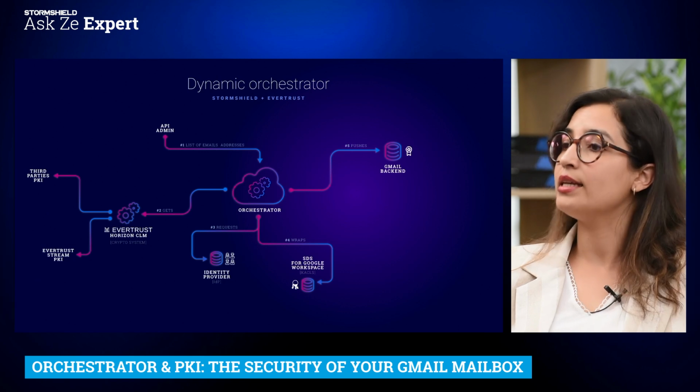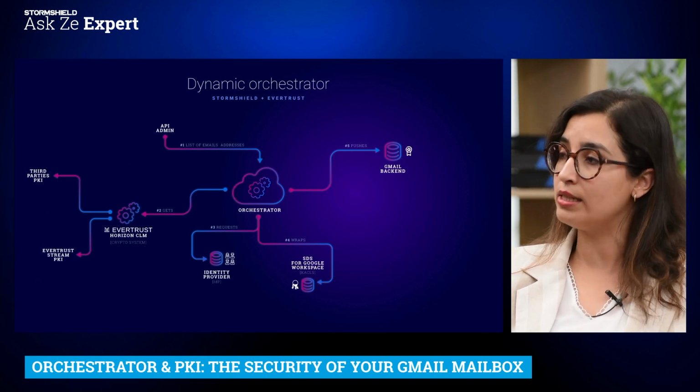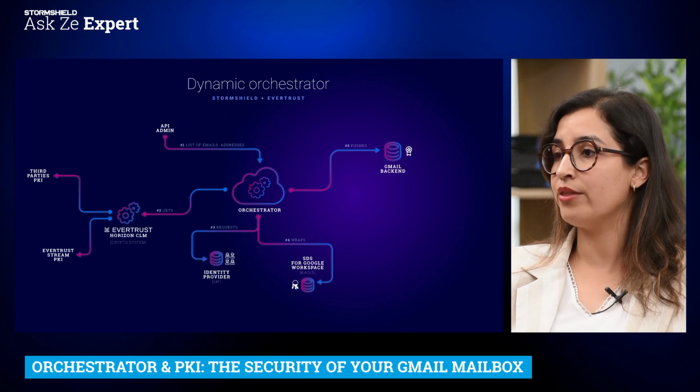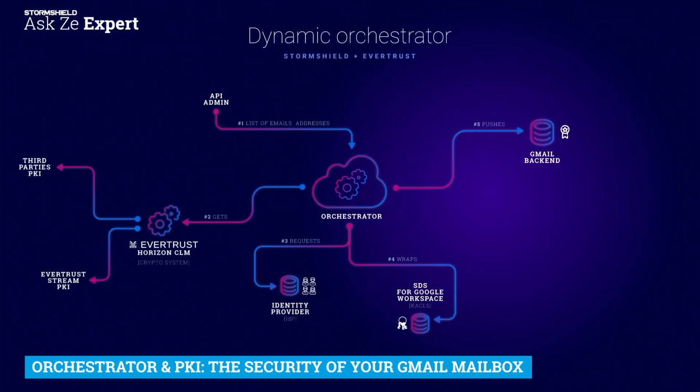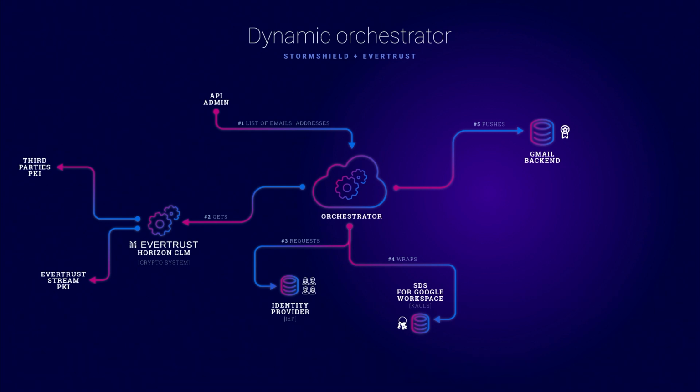Okay, SDS for Google Workspace. Exactly. Cackles. So the Cackles is an external key server managed by Stormshield in the context of the SaaS offer, but it can also be deployed on-premise to fit the customer needs. Okay. Then the SDS orchestrator will encrypt the private key of each user, and it will be pushed into the Gmail backend besides its certificate.